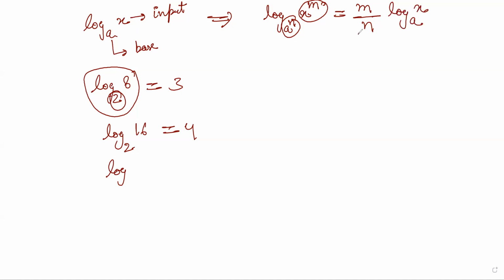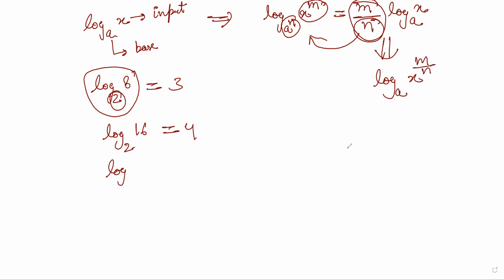Similarly, you can reverse it. If you have something written outside of the log, you can take it into the log as powers. If there is something in numerator, you can take that into the power of input. If something is in denominator, you can take that into the power of base. Or you can also consider this m by n as a number and take x to the power m by n.